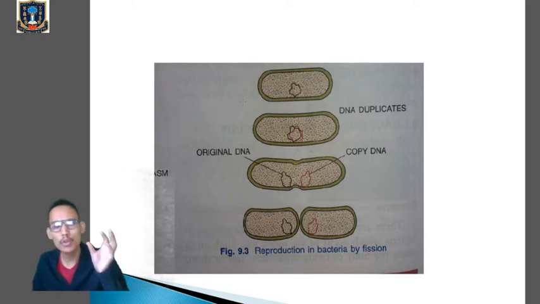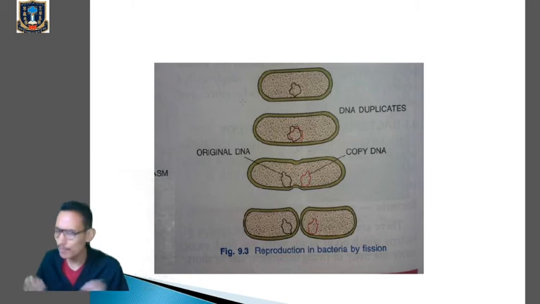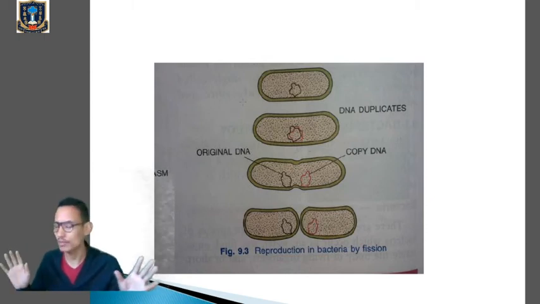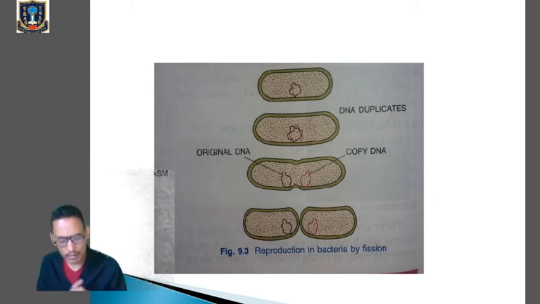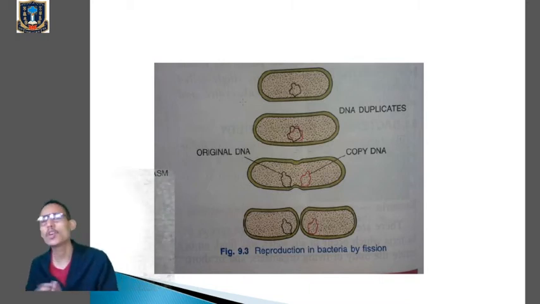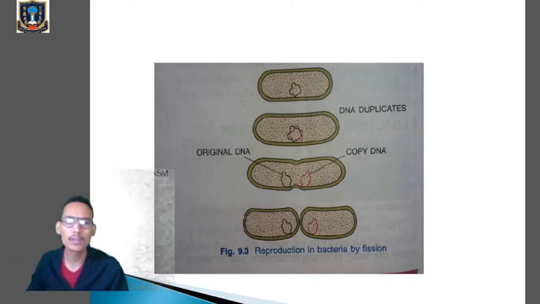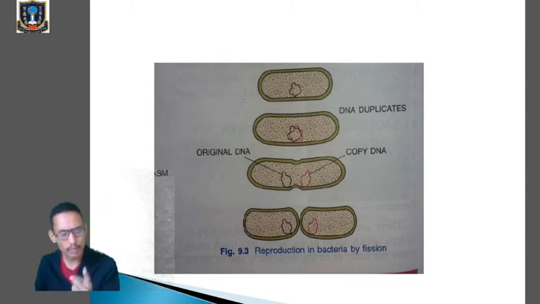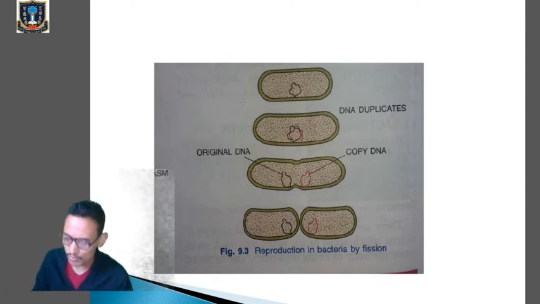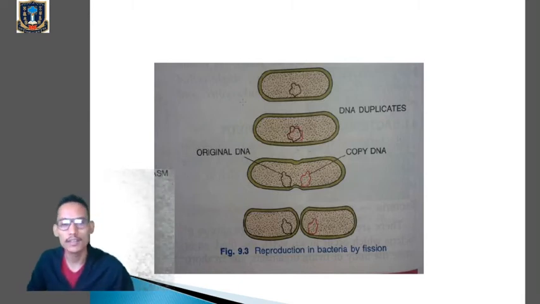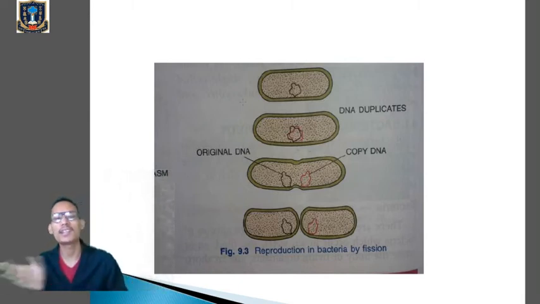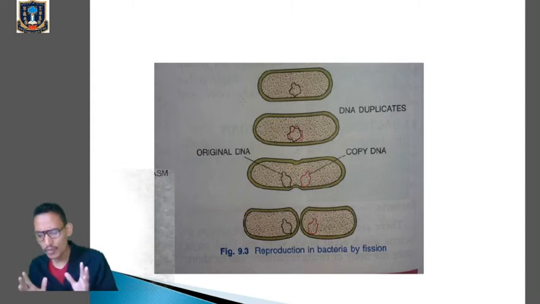Saprotrophic ones obtain nourishment from dead and decaying organisms, from the dead bodies of organisms. The parasitic ones obtain their food from other living organisms, which are called the host. And in higher classes, you will learn one more type of heterotrophic nutrition, called symbiotic bacteria, which you learn in the case of nitrogen fixation.